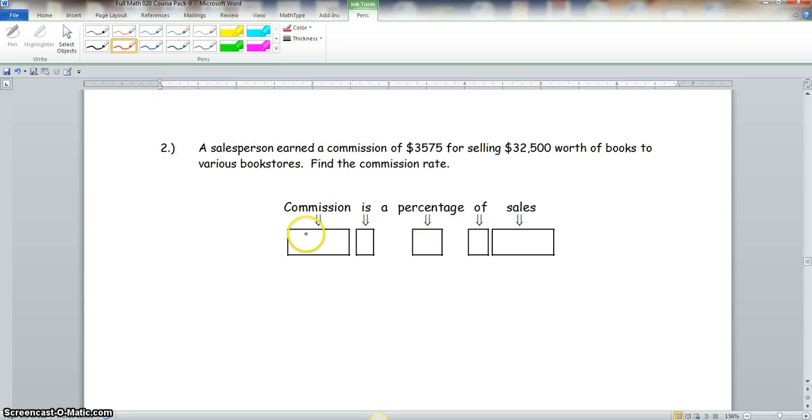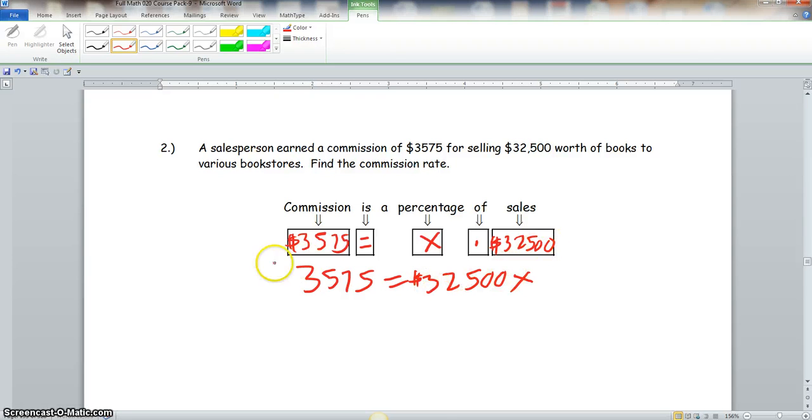Find the commission rate. So we're trying to find the percentage rate. So the commission is $3,575. That equals the percentage we don't know. Of means multiplication. And the sales was $32,500. So now we have 3,575 is equal to 32,500x. Because when we multiply x times 32,500, it's 32,500x.